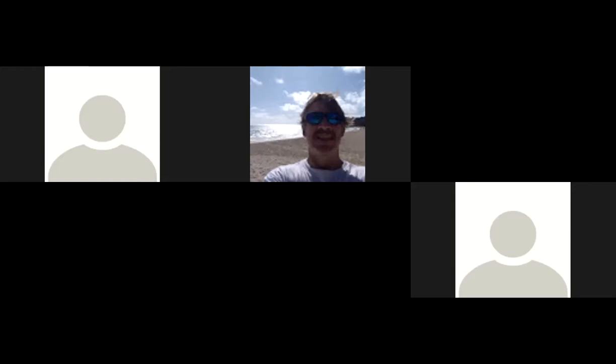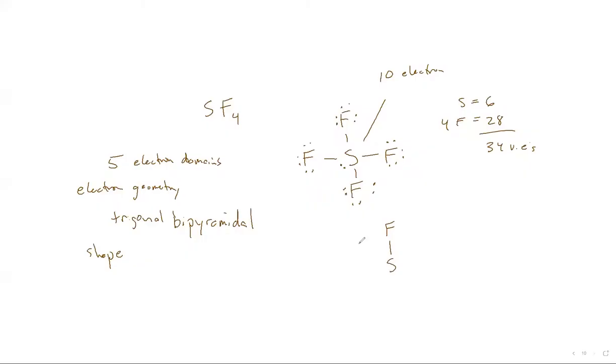Let's see where we were. There are a couple of options where we can put this lone pair. We could put it in the axial position, or we could put it in the equatorial position.